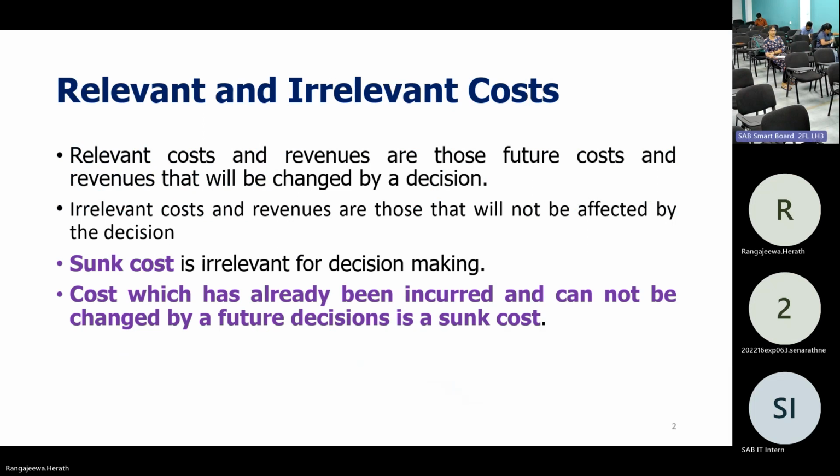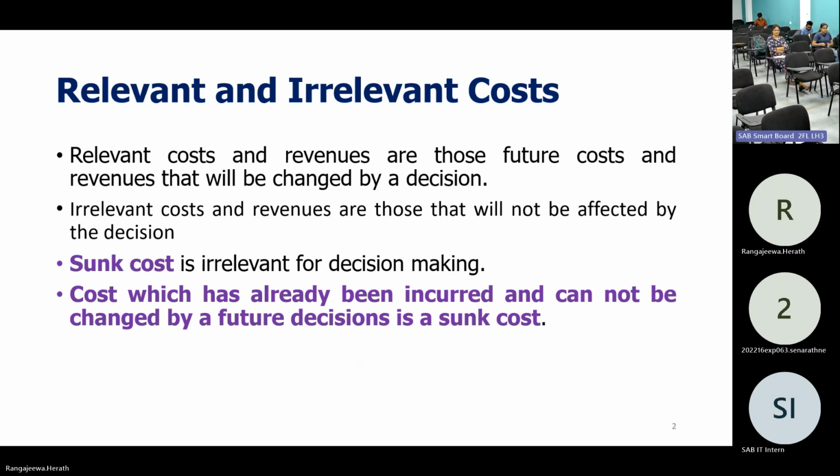So one aspect is broadly cost is relevant when it is affected by a future decision, right? So if a cost is not affected by a future decision, it is irrelevant. Similarly, even a revenue, sometimes we have to take a decision based on the profit of both cost and revenue.